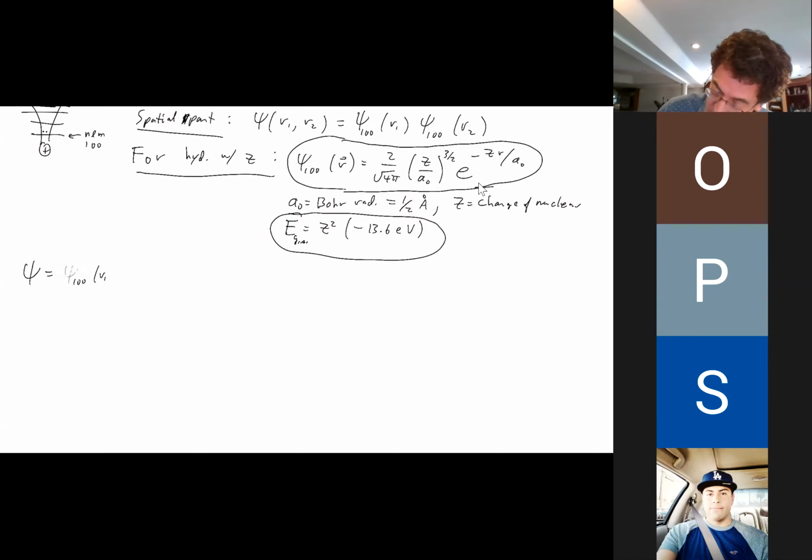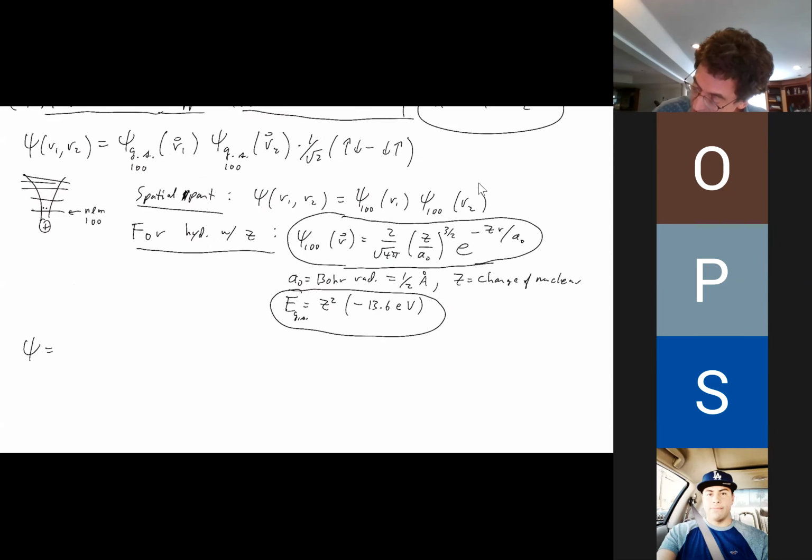So let's just multiply these two out. Let's write all the variables. psi(r1, r2) is equal to Z cubed over pi a naught cubed, e to the negative Z times (r1 plus r2) divided by a naught.